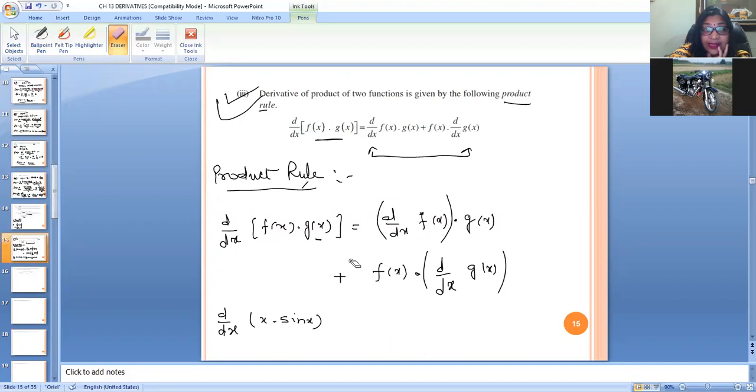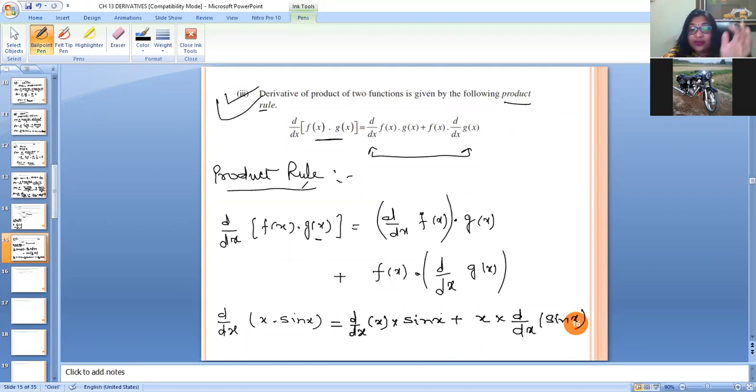So we will apply the rule that it will be the derivative of x into sin x as it is, plus x as it is into the derivative of sin x, right? Then you will apply the first principle and find the derivative of x.